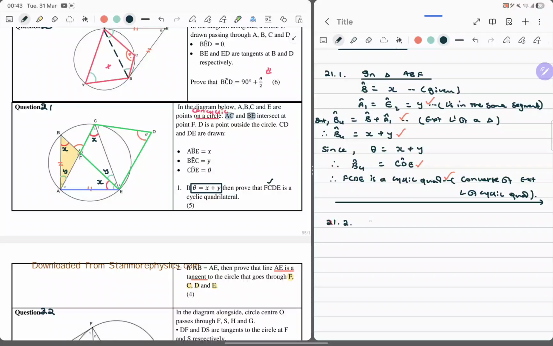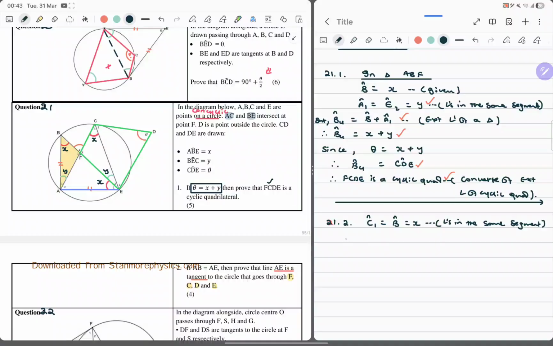And therefore it proves that to be a tangent. Easy stuff. So we're going to say, well, number one, C1 is equal to angle B, which is going to be equal to X. Why? These are angles in the same segment. Right.